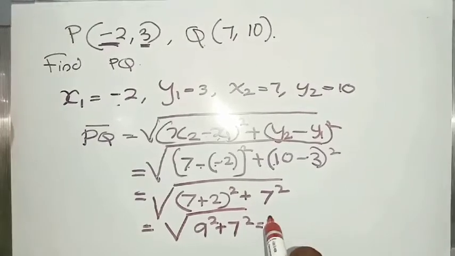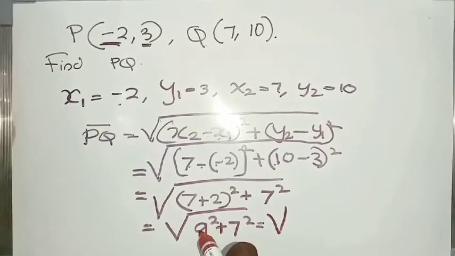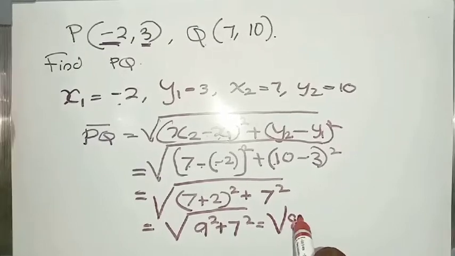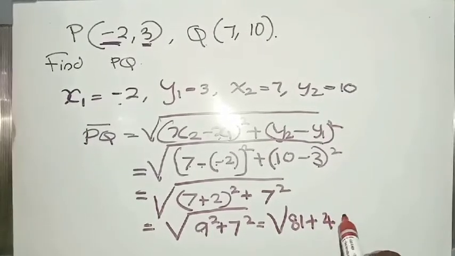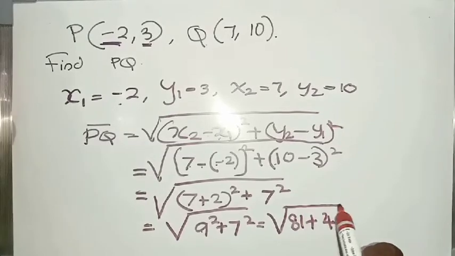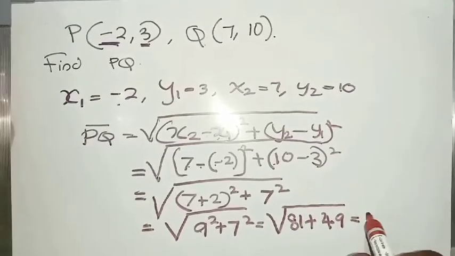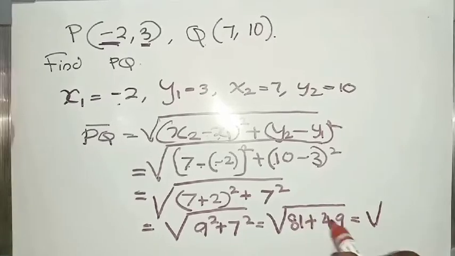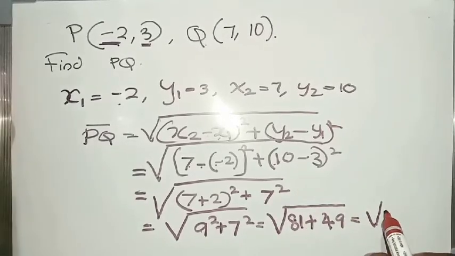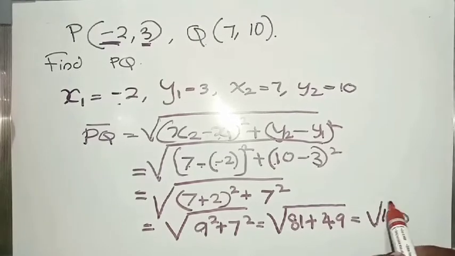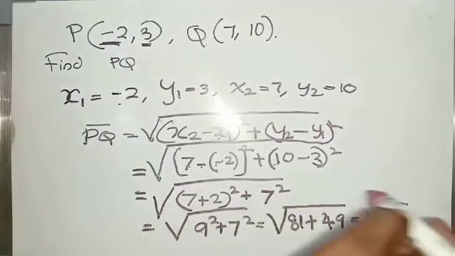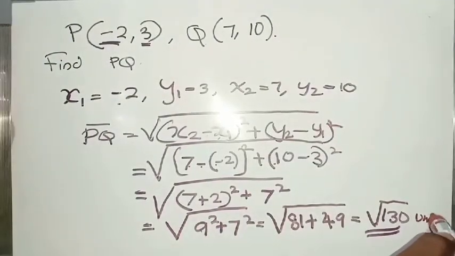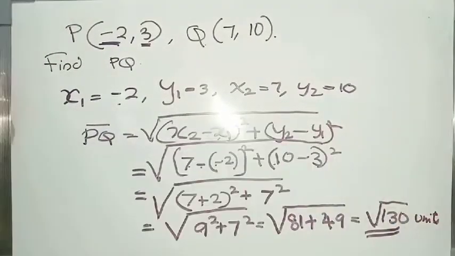That is square root of 81 plus 49. How much is 81 plus 49? Yes, it is 130. So 130 units will be the length of the line segment PQ.